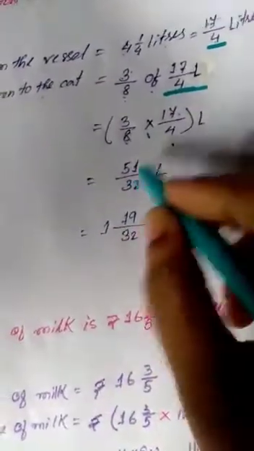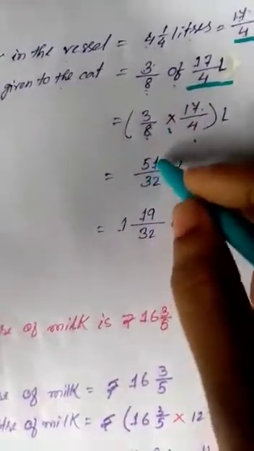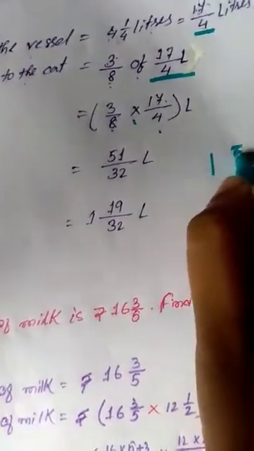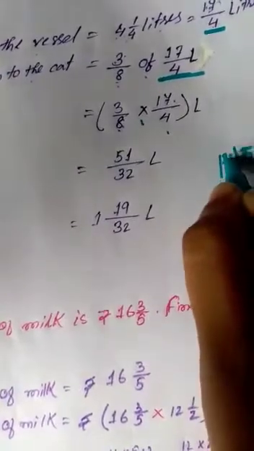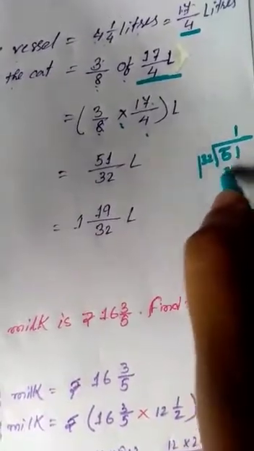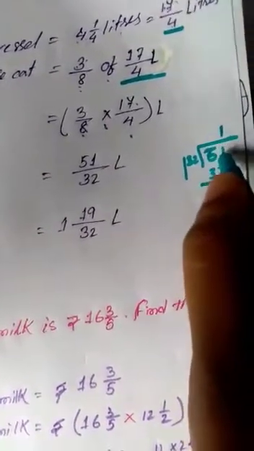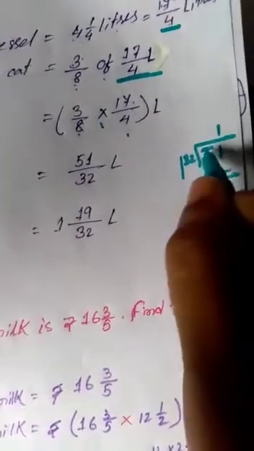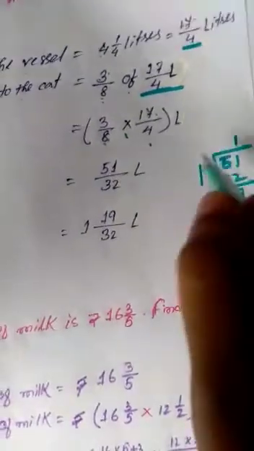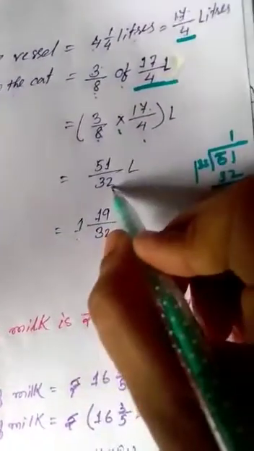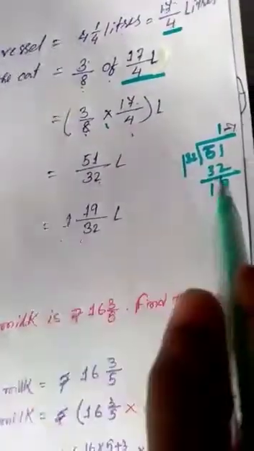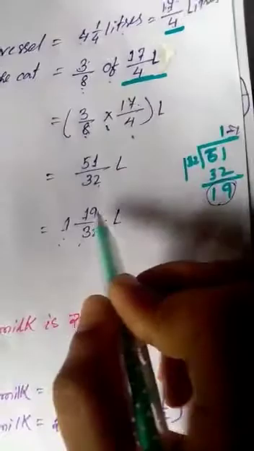They don't have any common factor, so we cannot simplify, but we can divide. 51 divided by 32: 32 1s are 32, so 51 minus 32 is 19, and the quotient is 1. After converting the improper fraction to a mixed fraction, this 1 will be the whole number, 19 will be the numerator and 32 the denominator.